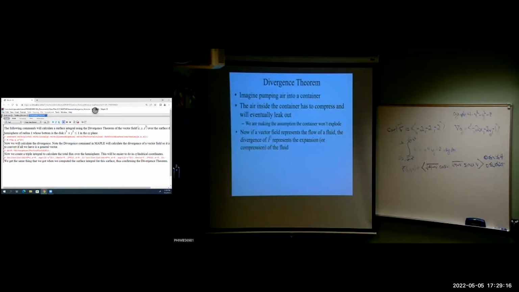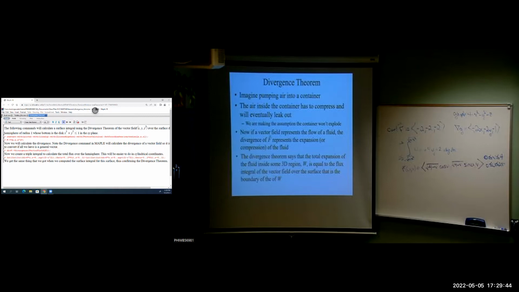Now, if we put that into a container or some sort of closed surface, eventually that fluid is going to start to go through the sides, assuming the container doesn't just explode. Because that's what flux is. It's a measurement of how much of this, whatever it is, gas, fluid, magnetism, is going through a surface.